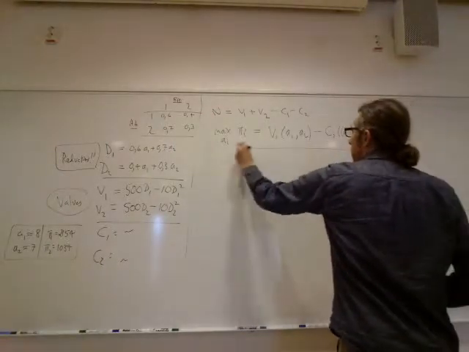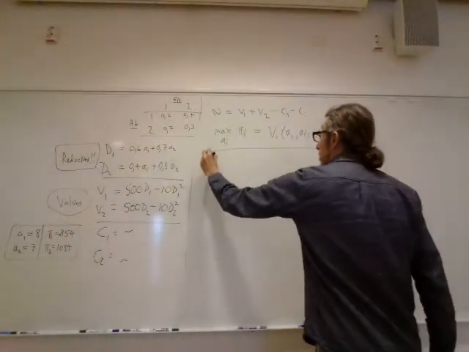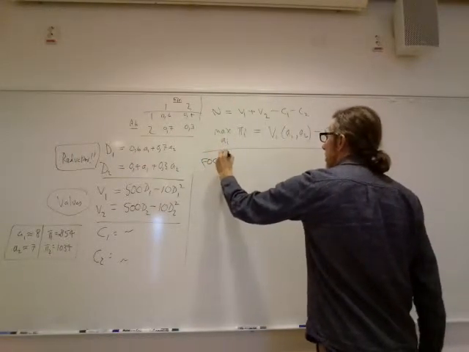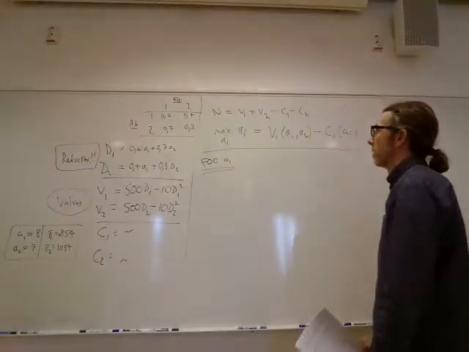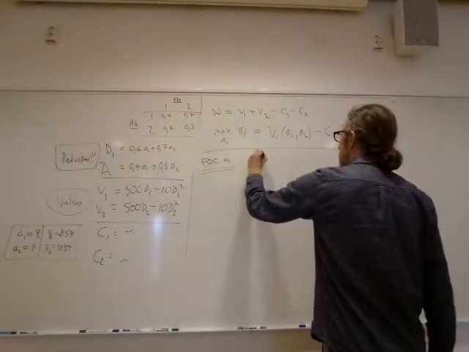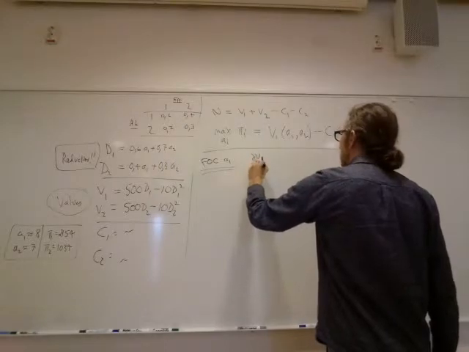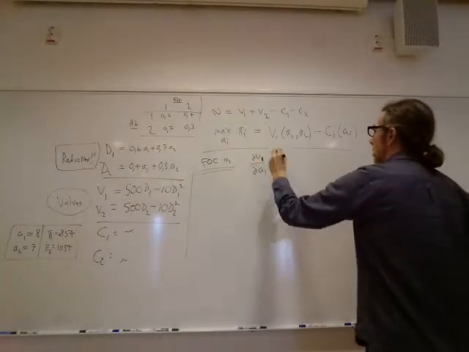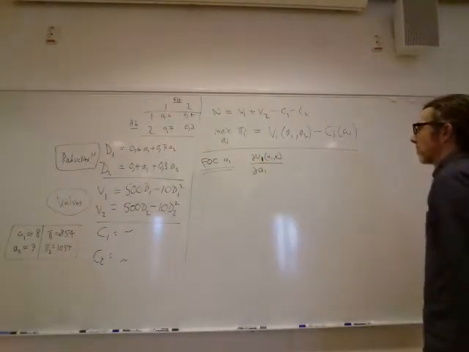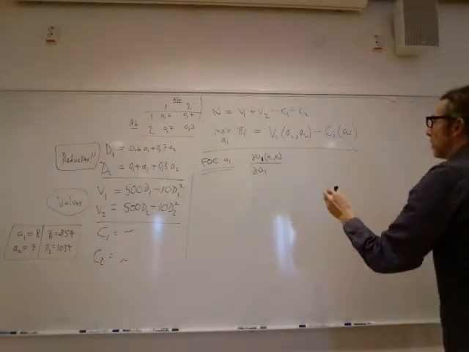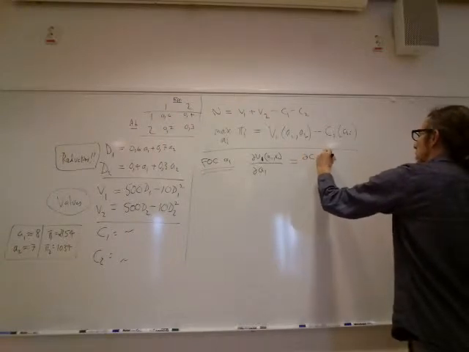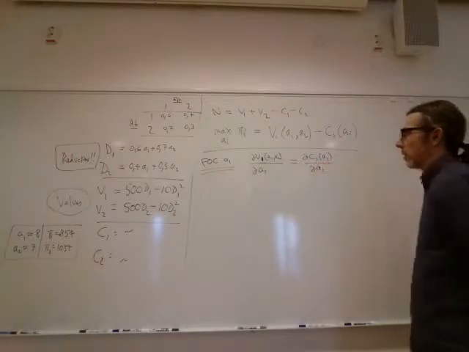So for country 1, first order condition in A1 is the dV1/dA1, given A2, how that changes with A1, must be equal to the dC1/dA1. Okay?